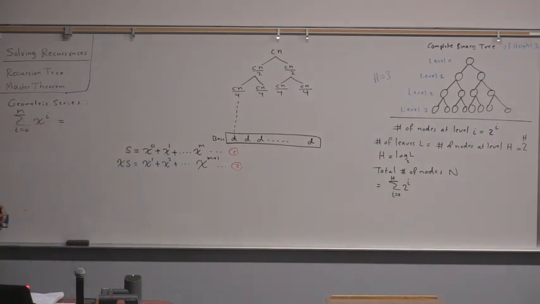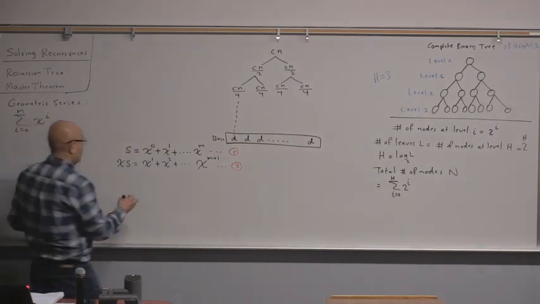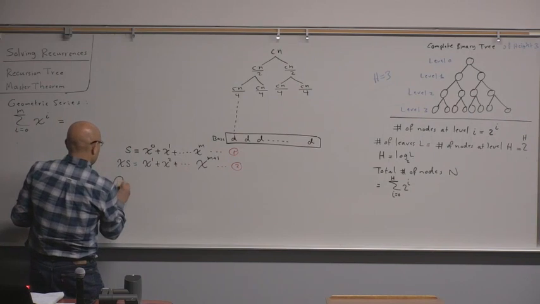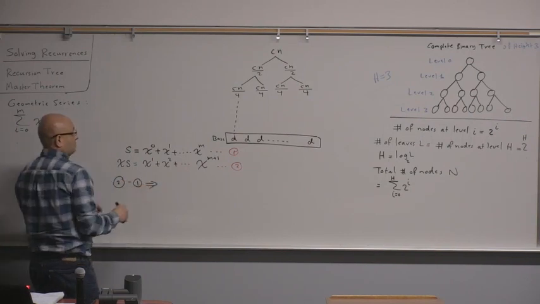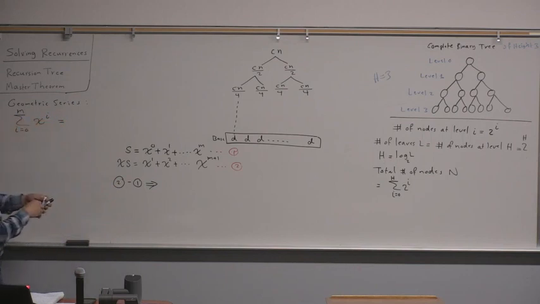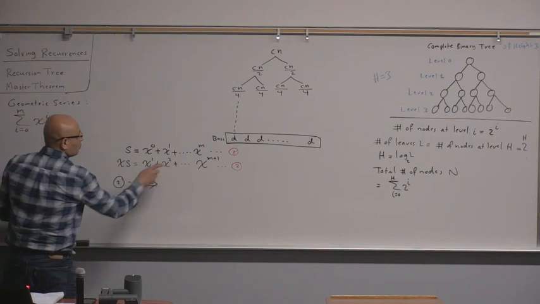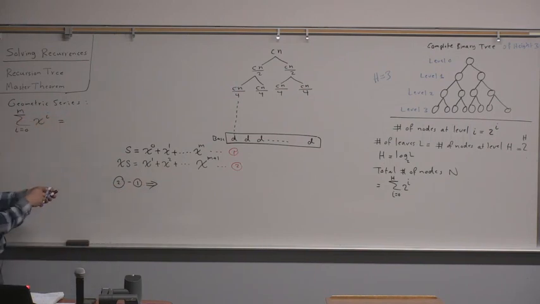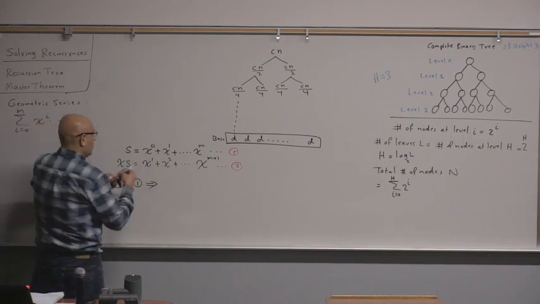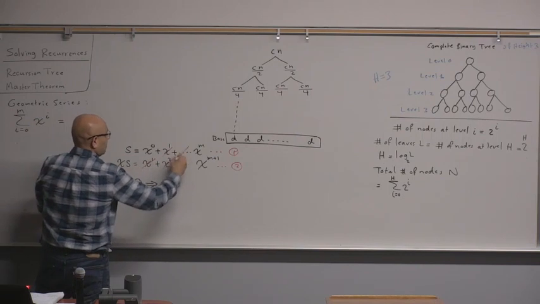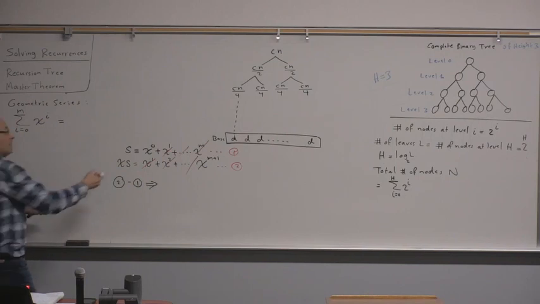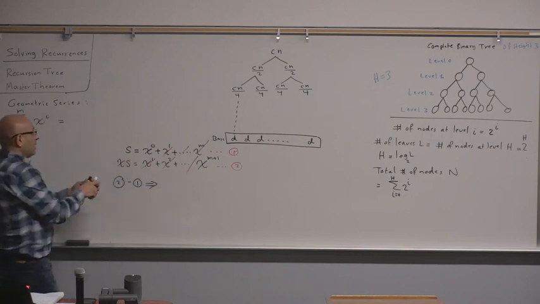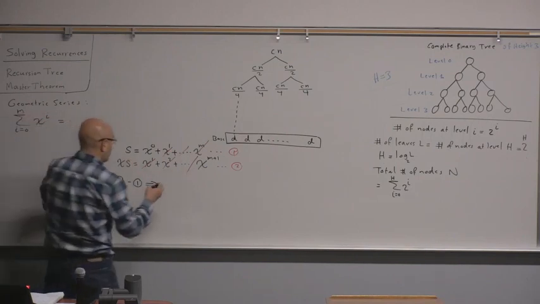If you subtract equation 1 from equation 2, this cancels with this, and we are left with x power m plus 1 minus x power 0.